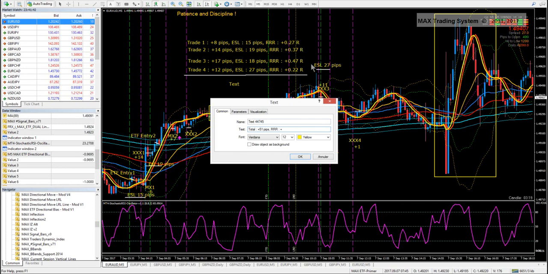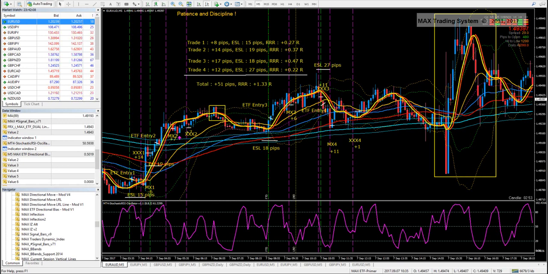So plus 0.27, plus 0.37, plus 0.47, I have to start again, so 0.27 plus 0.37 plus 0.47 plus 0.22, and so 1.33 R. This means that with a 2% risk, this would have produced a profit of 2.66%, and with a 1% risk, this would have produced a plus 1.33% profit. Okay?